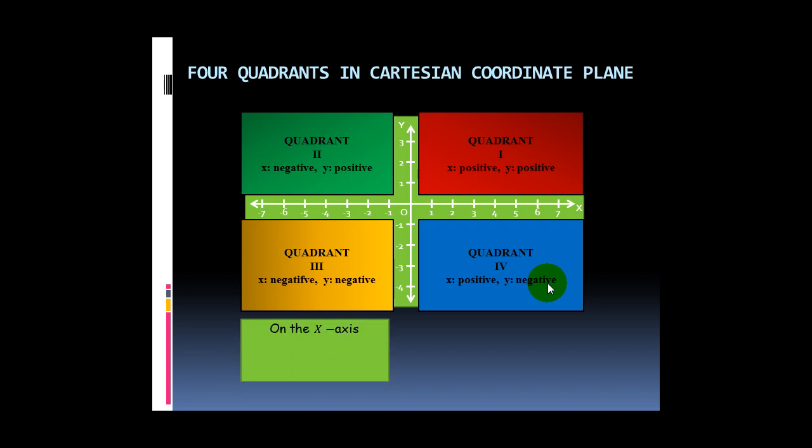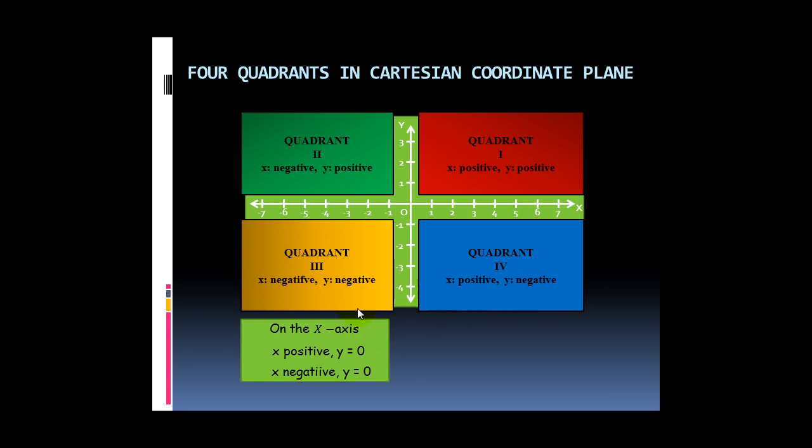Nah, ini yang kasus khususnya, special case that are on the x-axis and on the y-axis. On the x-axis, there are some characteristics of the point. X positive, Y equals 0 always, and X negative, and Y equals 0.